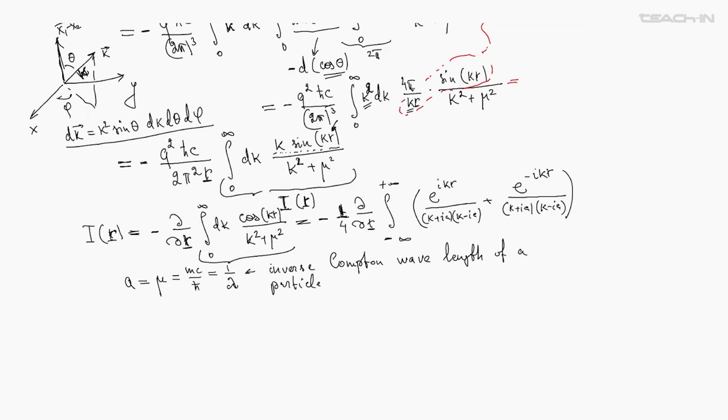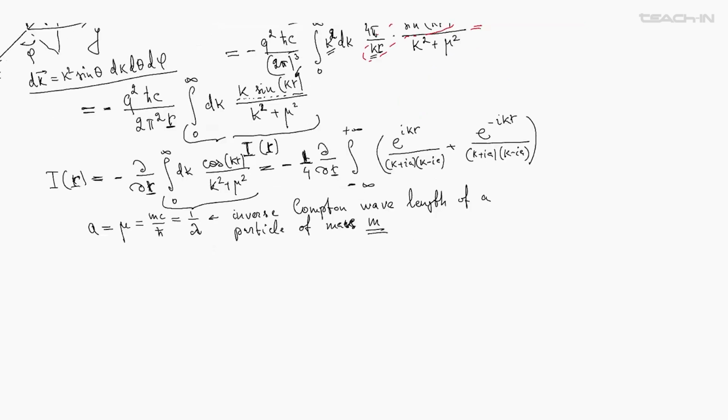Very good. So this is the integral we have to compute, and the integral is over the real line, but you can close the contour in the complex plane, and in particular for the first integral, exponential i kr, you have to close it in the upper half plane, and for the second integral you close it in the lower half plane.